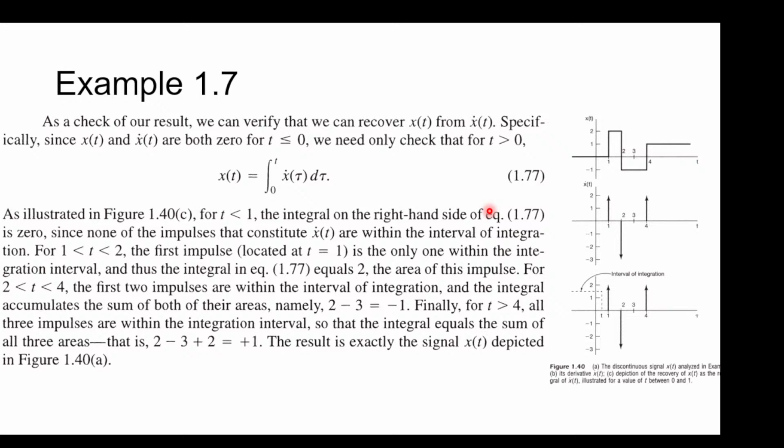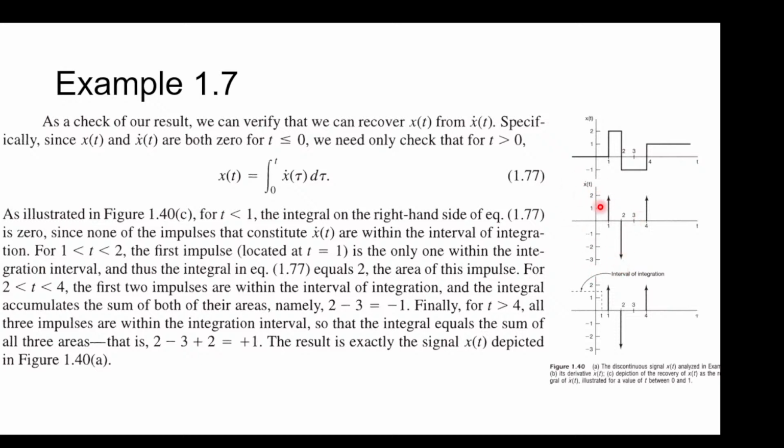The integration is kind of interesting. You integrate from minus infinity to t. Before you hit the first impulse, the integration is all 0. When you integrate over the impulse at t equal to 1, you get height 2, so you get this jump to 2. Then you increase your integration area even more, and the integration area is over this 2 here, then you additionally get this negative 3 area.